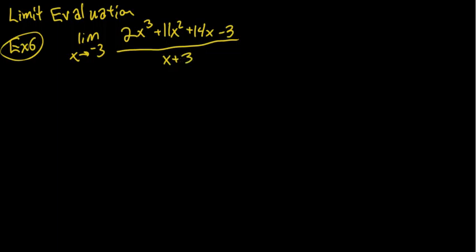The first thing that we want to do is see if we can plug -3 into here, and if we do that, we'll be dividing by 0. The next thing we would want to check is, does this factor?